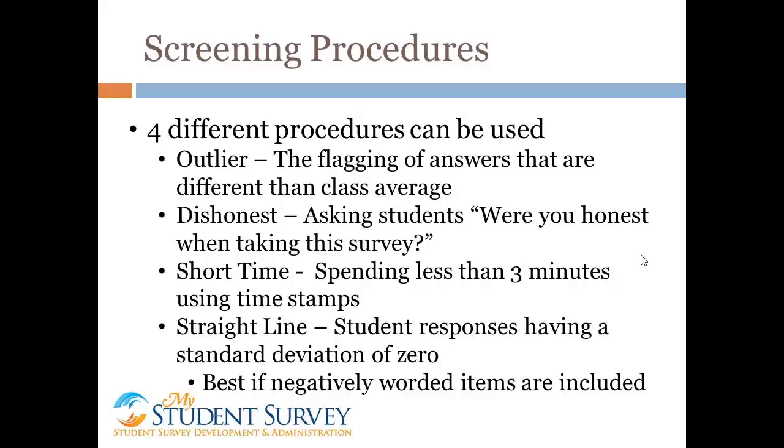We try to have a negatively worded item to be able to break that pattern. And it also helps us with some of our screening procedures. If that student is still marking the same answer for every single question, we know that shouldn't happen with that item. So having this minimum standard deviation works best when you have some of those questions in place.